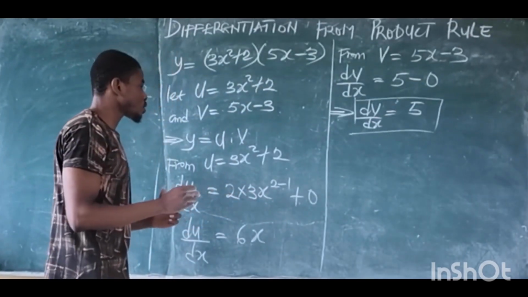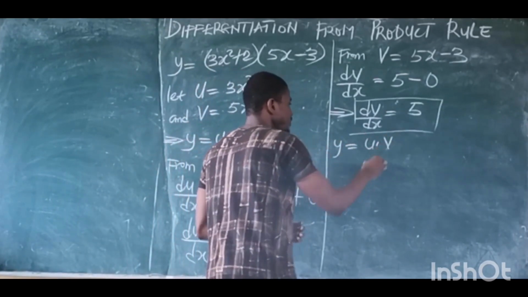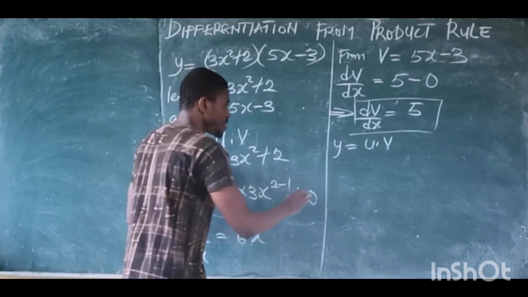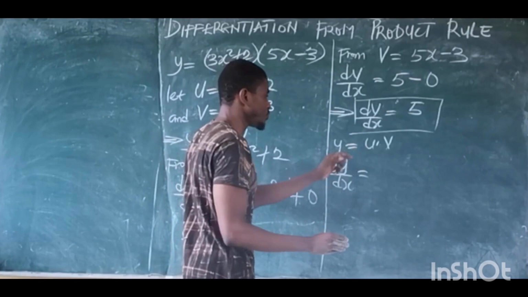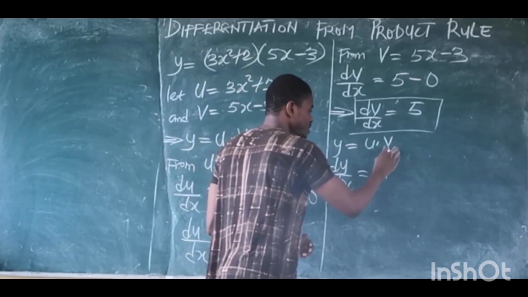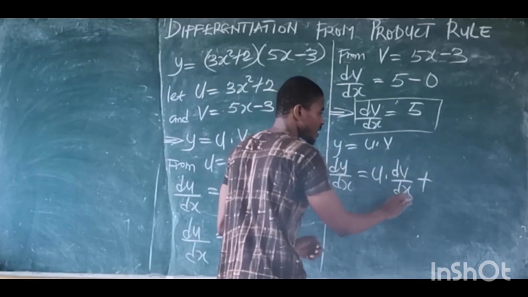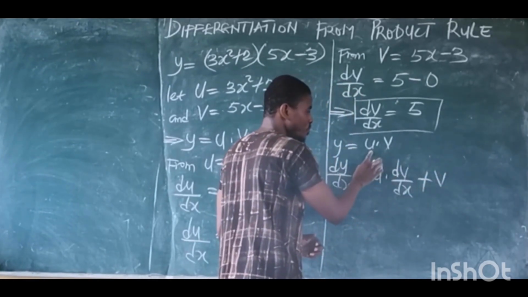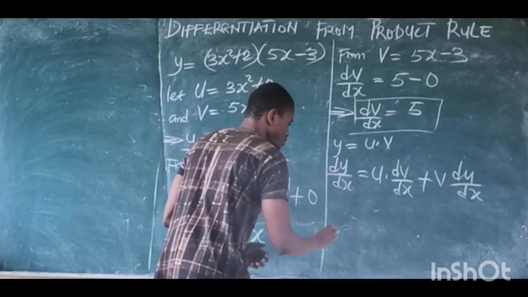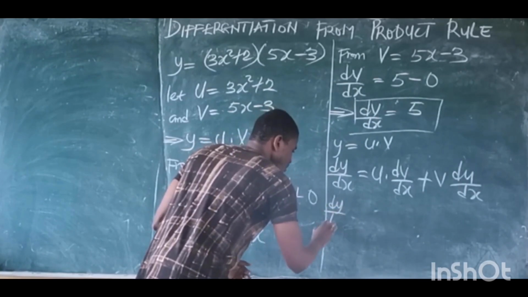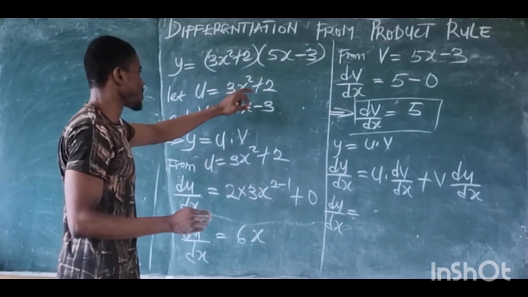But from the product rule of differentiation, I have y equals u dot v, which is what I have here now. dy/dx, the rule simply says keep u constant. So I have u, differentiate v, this is dv/dx, plus now keep v constant, so I have v, differentiate u with respect to x, so this is du/dx. So therefore dy/dx is now equal to, from the equation we said let u be 3x squared plus 2.